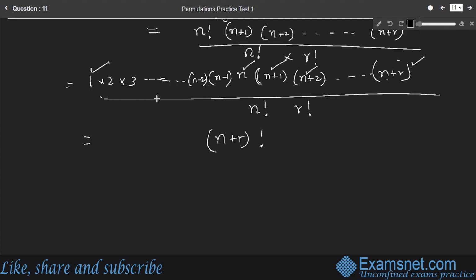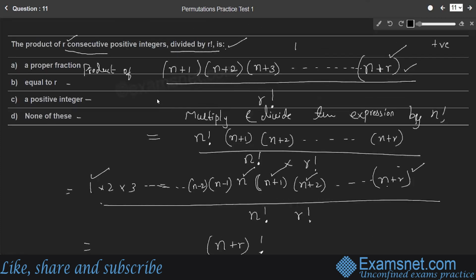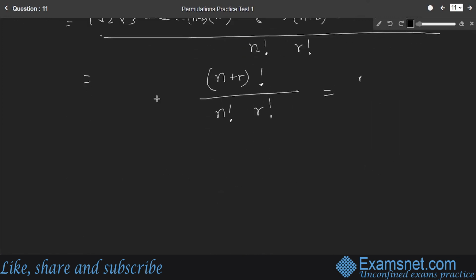Therefore it is factorial n plus r divided by factorial n into factorial r, which is nothing but n plus r C r.